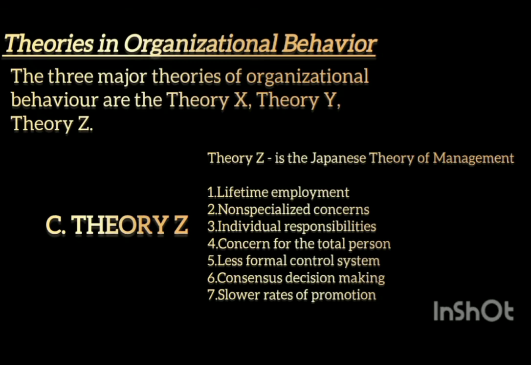Theory Z, sometimes considered a blend of these two models, with more of a leaning toward Theory Y, because it focuses on long-term employment and job security, informal control, and a deep concern for the happiness and well-being of employees. However, it's also possible to argue that Theory Z does not belong with Theory X and Theory Y.